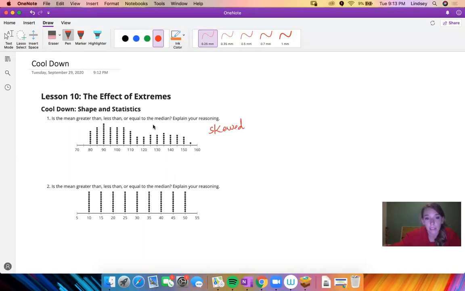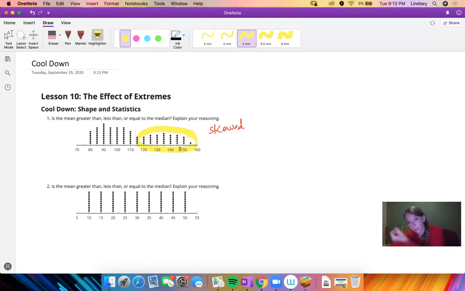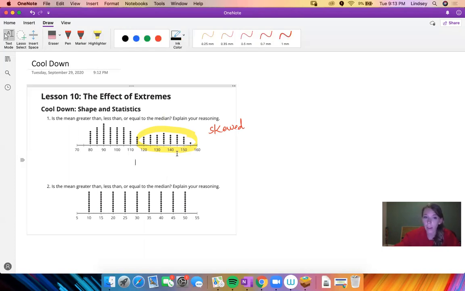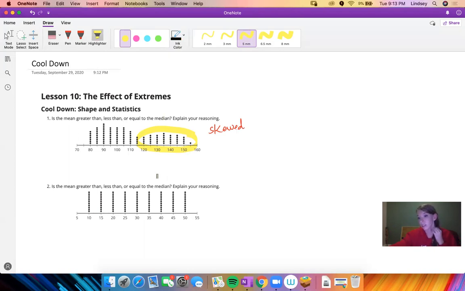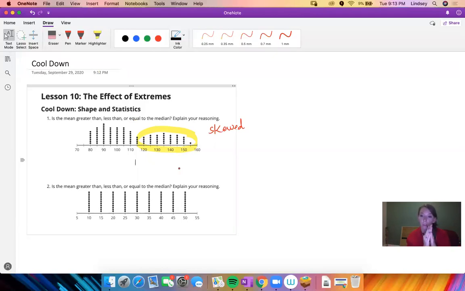What I'm noticing here, first things first, is that my data is skewed. We have this tail of my graph, a lot of higher numbers, that is pulling my data in that direction towards those higher numbers. So thinking back to the activity we just did, what happened to our mean when we added in those higher numbers? Our mean increased, right? If it was symmetrical, the mean and median were the same, but if we added in those higher numbers, that caused it to increase.